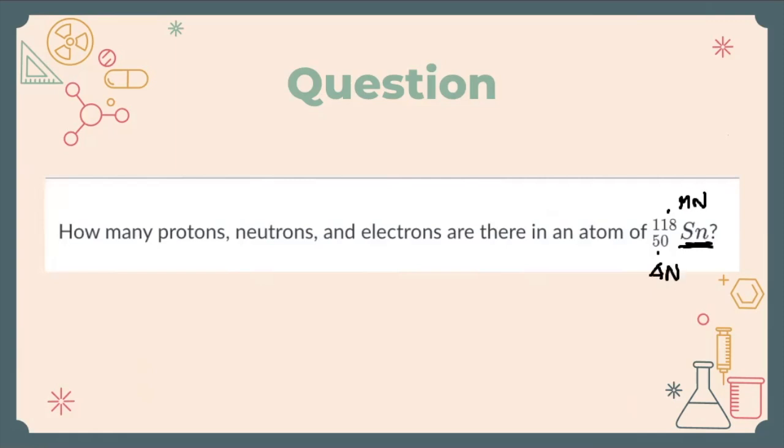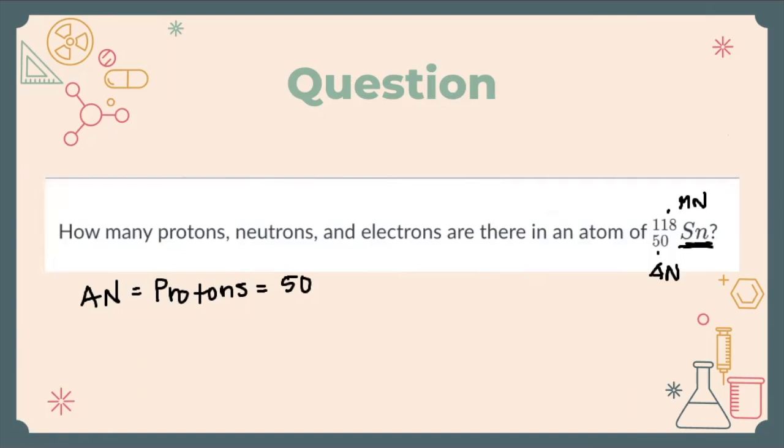So, what does the atomic number tell us? The atomic number is equal to the number of protons, which means here we have 50 protons.